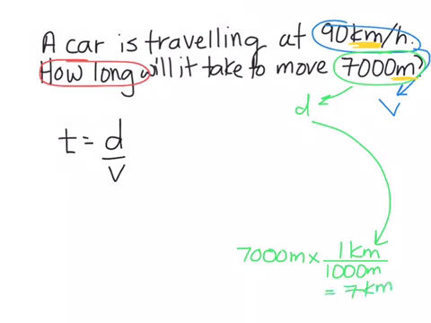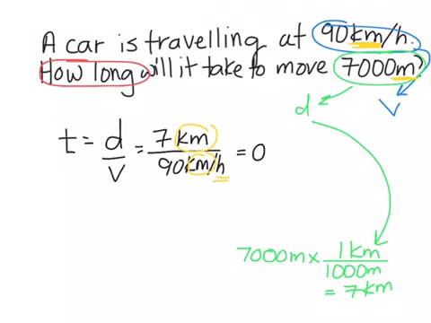So now we know that in kilometers, we can plug that in. So we have 7 kilometers divided by 90 kilometers per hour. So again, our kilometers now will cancel and we're going to be left with hours. And our answer here is 0.078 hours.